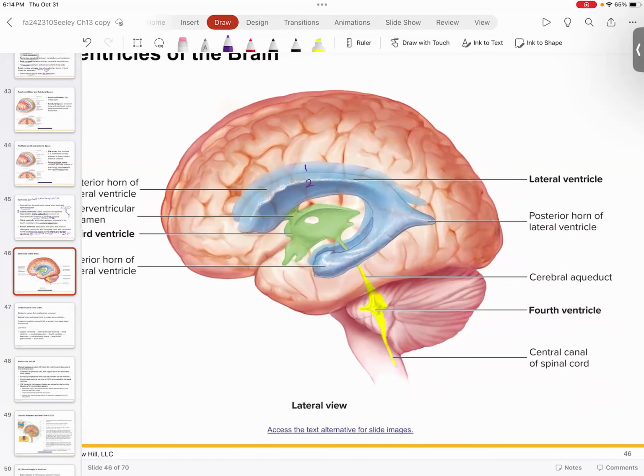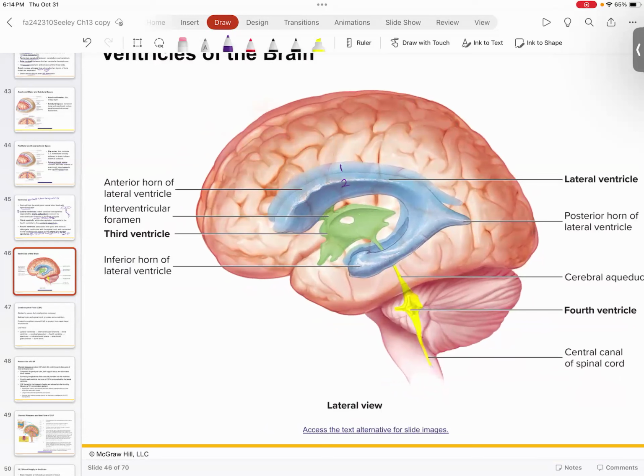And then below that, you'll see the interventricular foramen draining down into the third ventricle. And this little open spot right there, that's your interthalamic adhesion. So kind of wrapping around that thalamus area, that's where the third ventricle is.